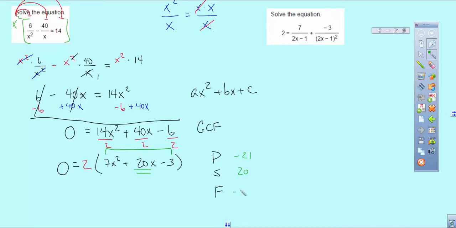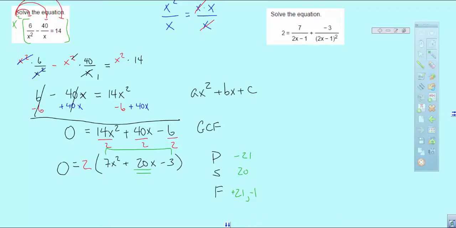I made that same mistake the other day, the product. So that'd be negative 21 and positive 1, because if I multiply those, I get a negative 21. If I add those, I get, oops, they're backwards, aren't they? So let's make that a positive and that a negative.